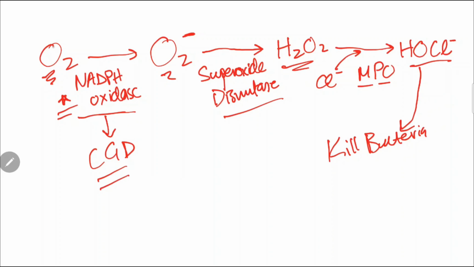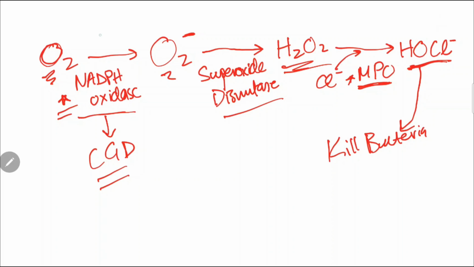That means you cannot convert your oxygen into hydrogen peroxide or into hypochlorous acid, and basically you won't be effectively killing your bacteria, right? So that is one of the problems that we see. And in the same manner, there's also an enzyme deficiency disease known as myeloperoxidase deficiency, where you cannot form your hypochlorous acid, again meaning that you cannot kill your bacteria as effectively.